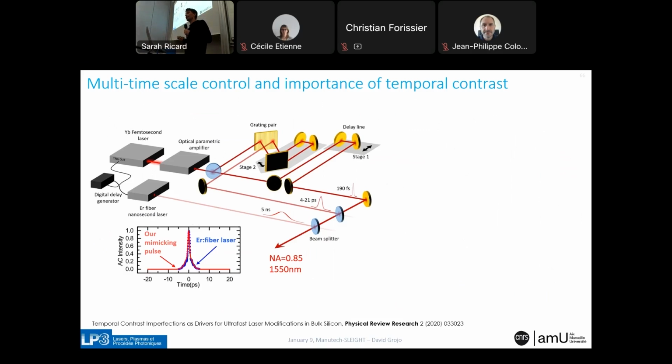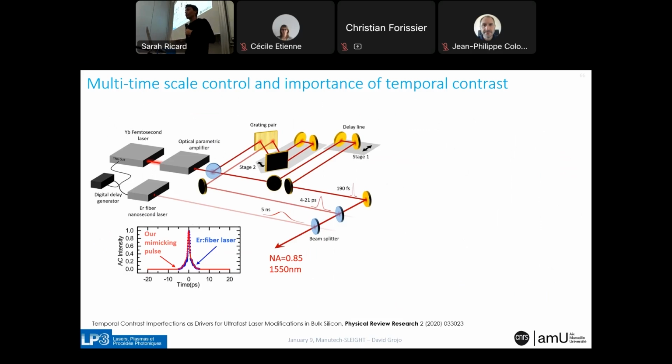So the point there is to realize that depending on the laser technologies you use in practice, in time, you don't get necessarily a very well-defined Gaussian beam. But because of technology limitations, you always find a kind of pedestal that defines a temporal contrast in your pulse.